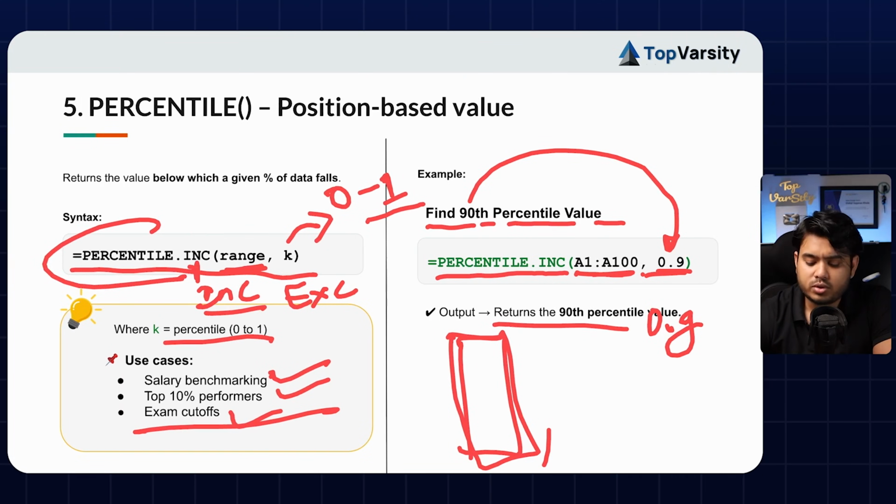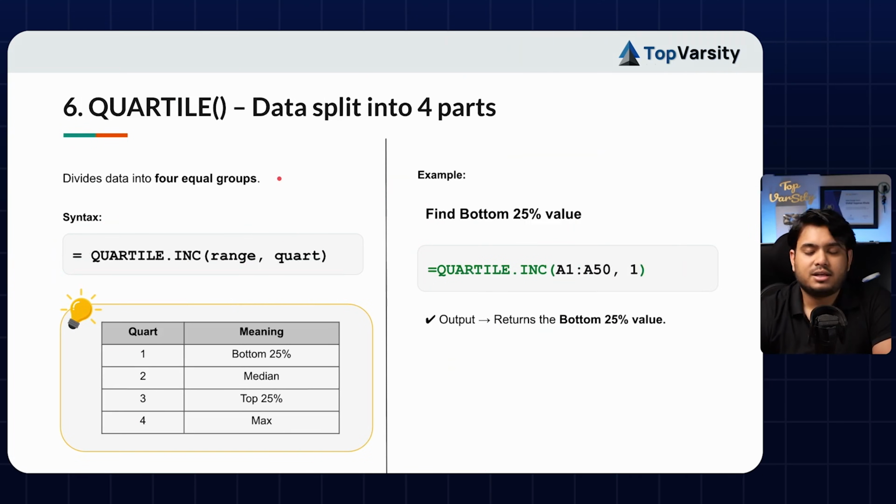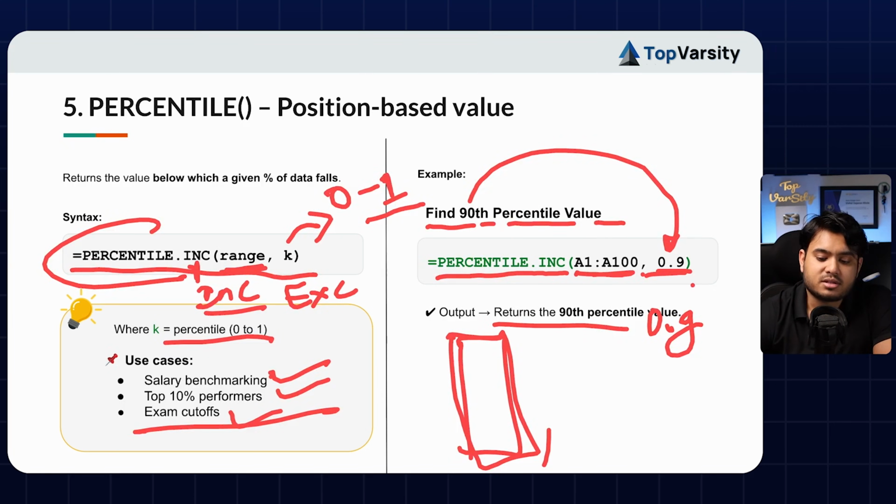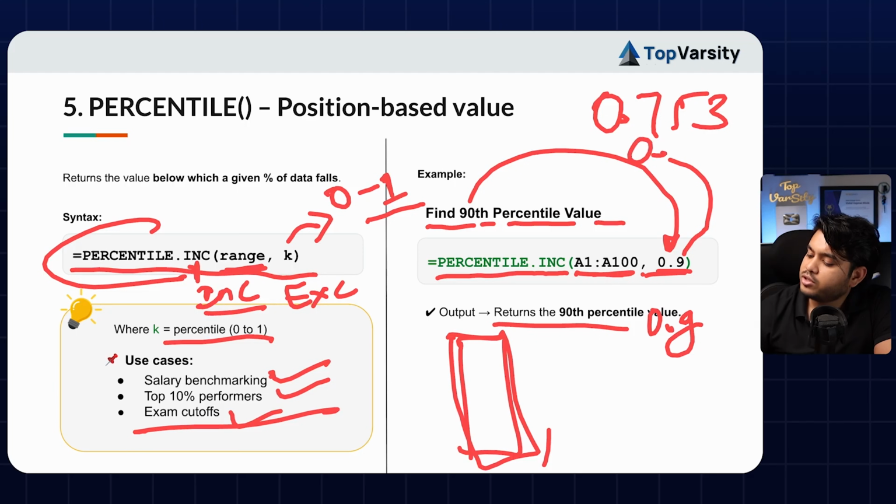Now let's go to the next function, which is quartile. It's again simple. It's only having one simple thing, which is that it will convert your values into multiple groups. In percentile, here you can put 90, 0.75, 0.45, like this 45 percentile, 30 percentile, you can select.